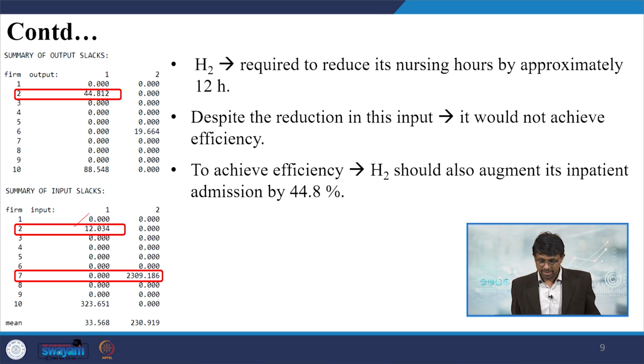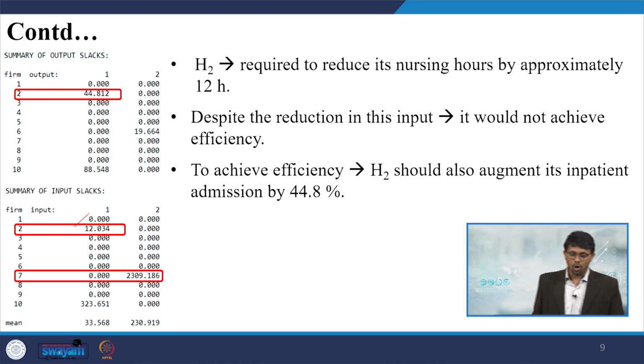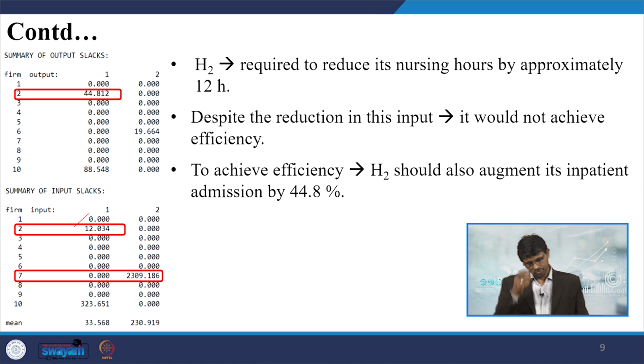Despite the reduction in this input, it would not achieve efficiency. To achieve this, H2 should also augment its inpatient admission by 44.8%. So, its output has to be augmented too. Just input reduction cannot reach it.